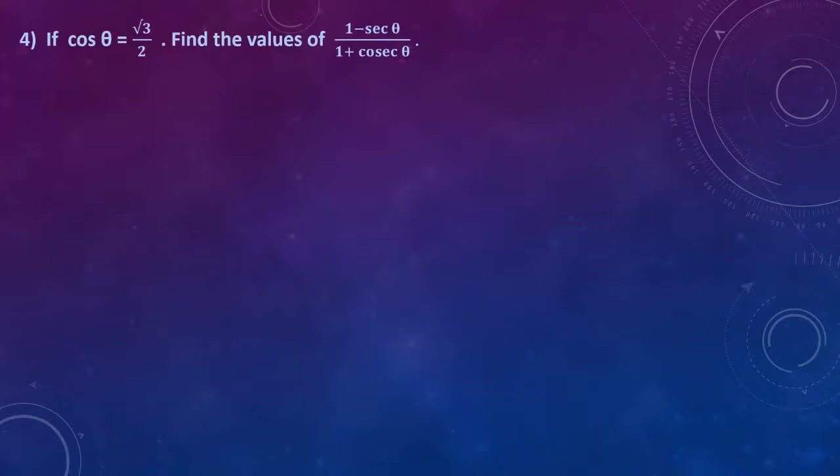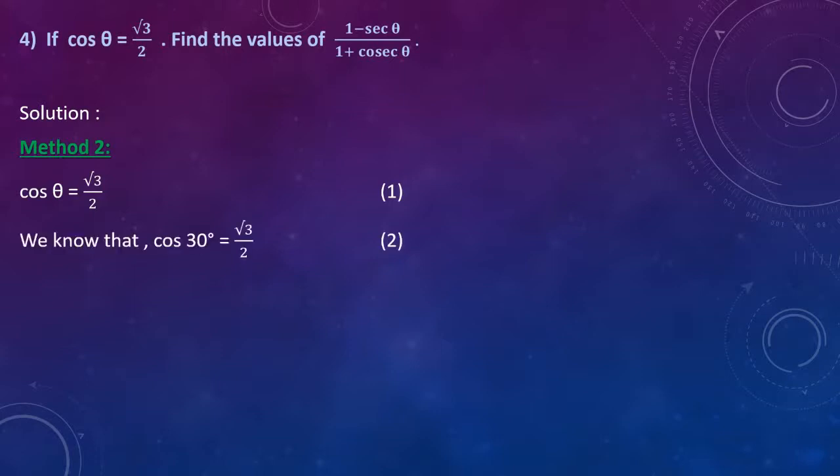Let us do this fourth question by second method. So now cos theta is equal to root 3 upon 2, which is already given in the question. Let it be equation 1. Now we know that cos 30 degree is equal to root 3 upon 2 as well. Let it be equation number 2.